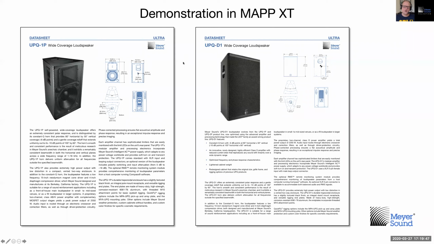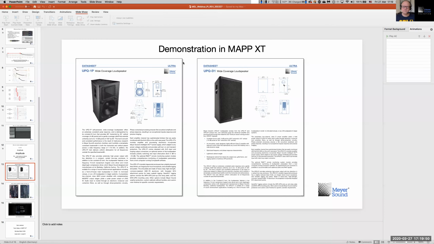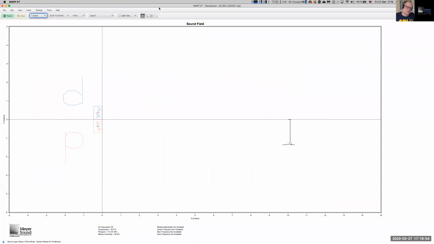So let's go to MAPP. MAPP is our proprietary prediction software, which you can download for free at the website. And if everything goes accordingly, you should see 2 loudspeakers living on top of each other.